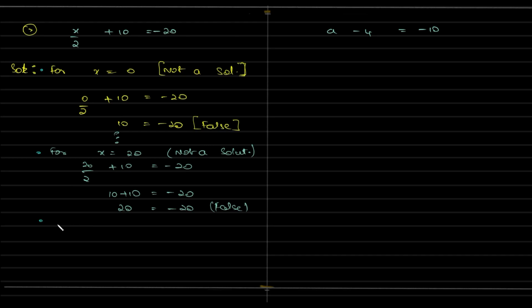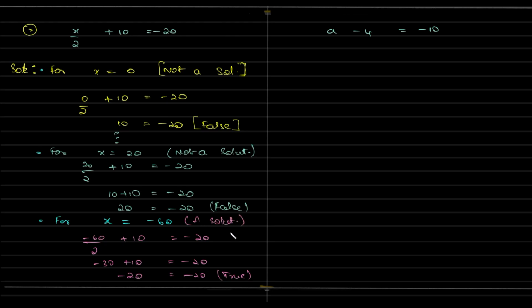So here, since I'm able to do a bit of mental math, I can take x is equal to, so I need minus 30 over here, so minus 60 is what I have to go with, right? You'll see why. So minus 60 by 2 plus 10 is equal to minus 20. This is minus 30 plus 10, which is equal to minus 20. So minus 20 is equal to minus 20, which is a true statement and thus a solution.